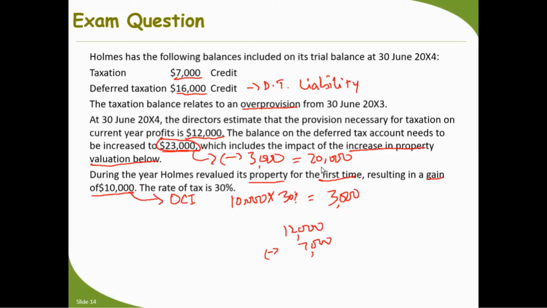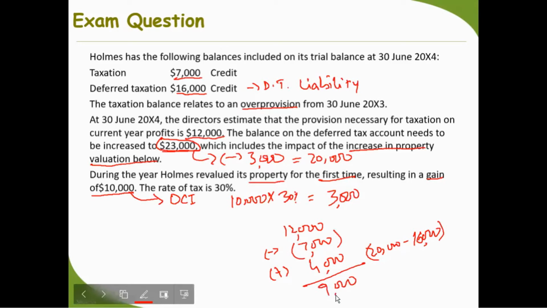Now compare this figure with deferred tax. Increase in deferred taxation: 20,000 minus 16,000, which is equal to 4,000. So your net figure would be 9,000.